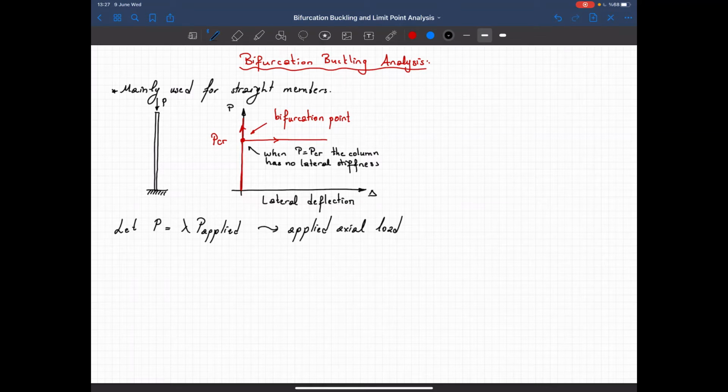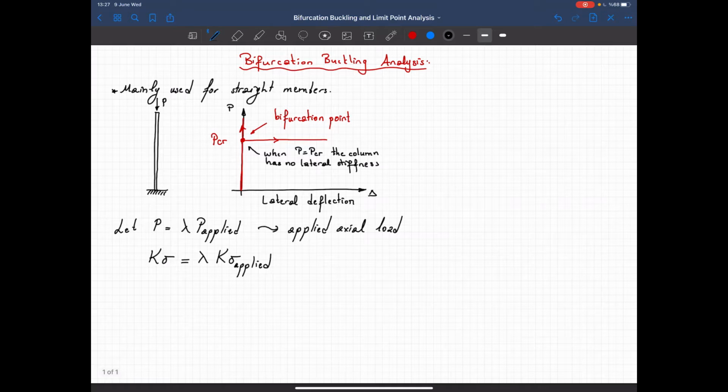So we can say that the stress stiffening matrix, or the initial stress matrix, the geometric stiffness matrix, since it is linearly proportional to the axial load on your member, we can write as lambda times the geometric stiffness matrix due to applied loading.